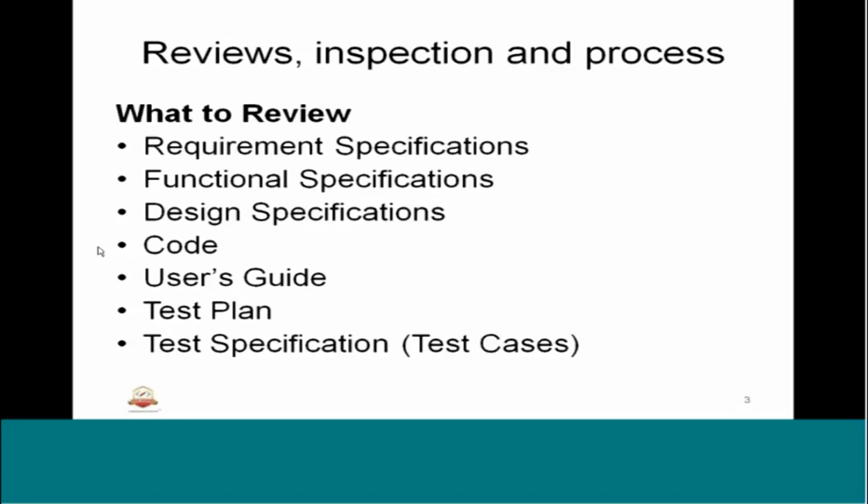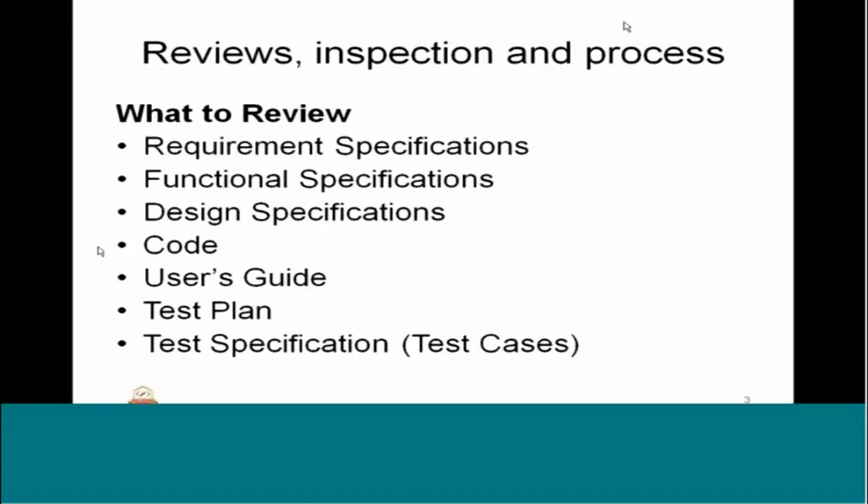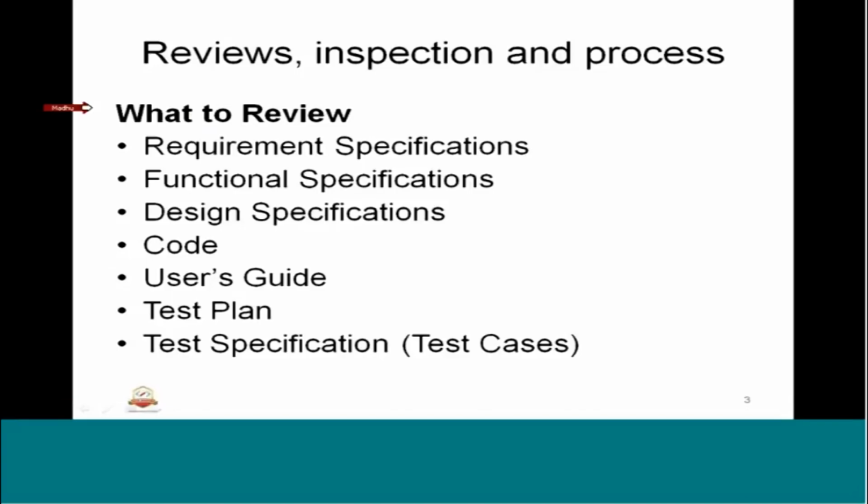So it is very important to have reviews, inspection and process. Each development phase is a translation from the previous phase. We know about phase to phase review, and how you move between phases. We will generate a few work products, right? We have seen the entry and exit criteria.